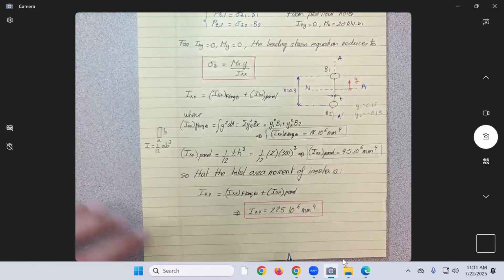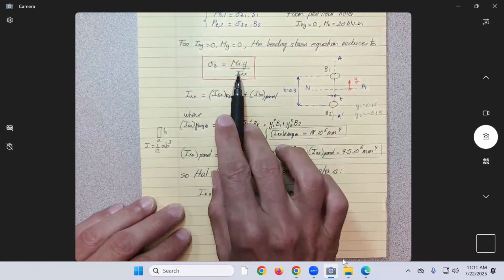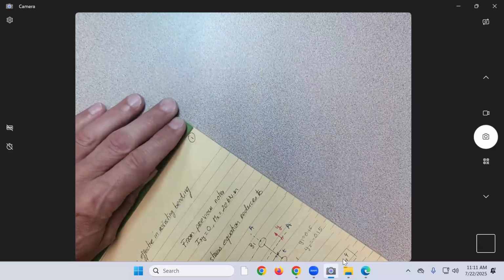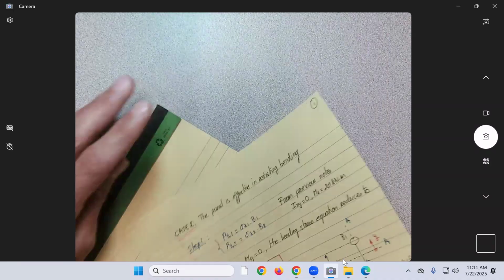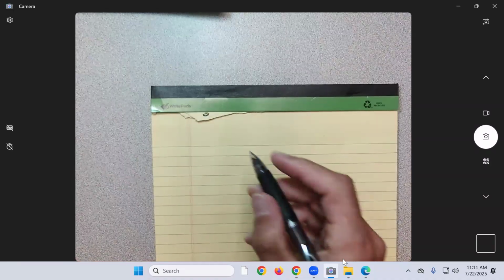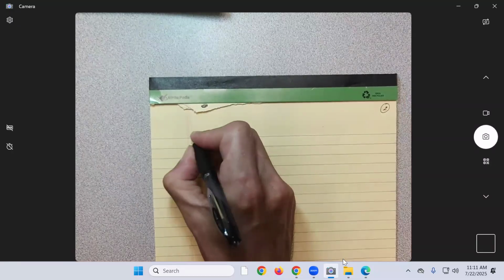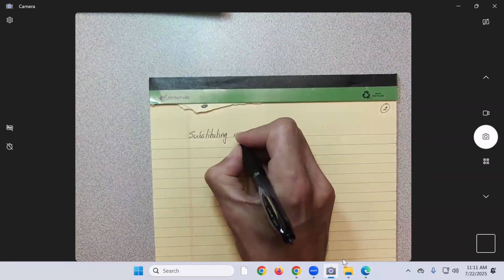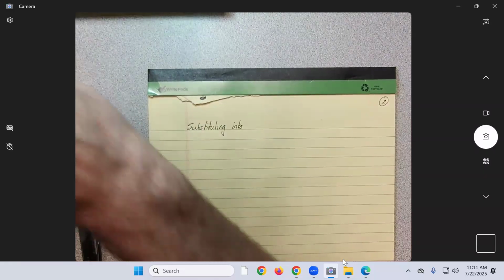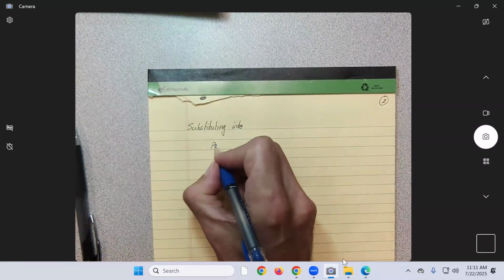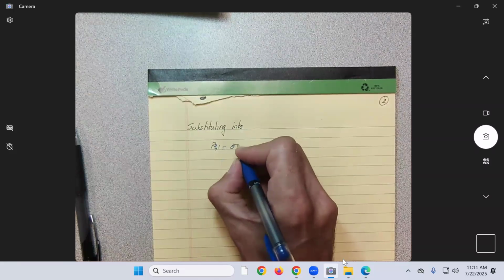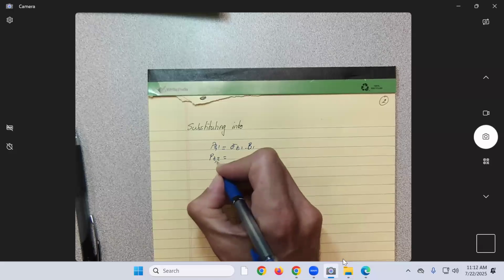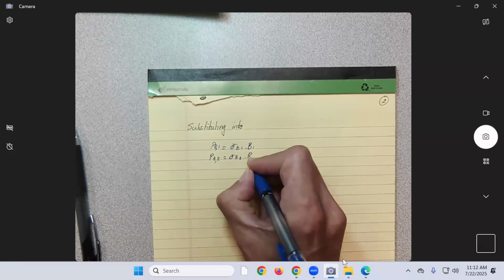Okay, so why did we do all this stuff? We did all this stuff to calculate the bending stress at each one of the locations. So we come over here. Now substituting into PZ1 equal to sigma Z1 times B1, PZ2 equal to sigma Z2 times B2.